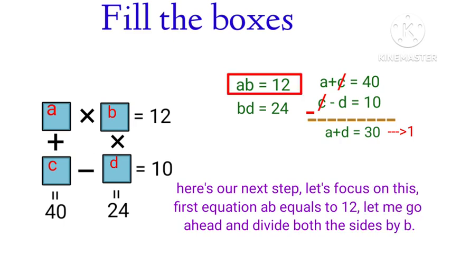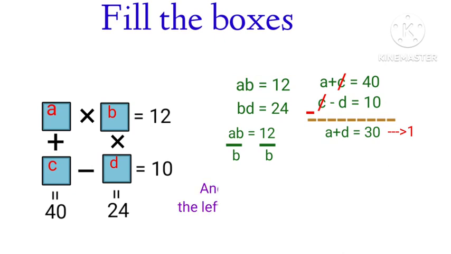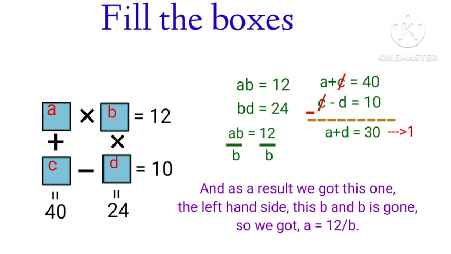Here's our next step. Let's focus on the first equation, AB equals 12. Let me divide both sides by B. And as a result, we got this. On the left hand side, this B and B are gone.